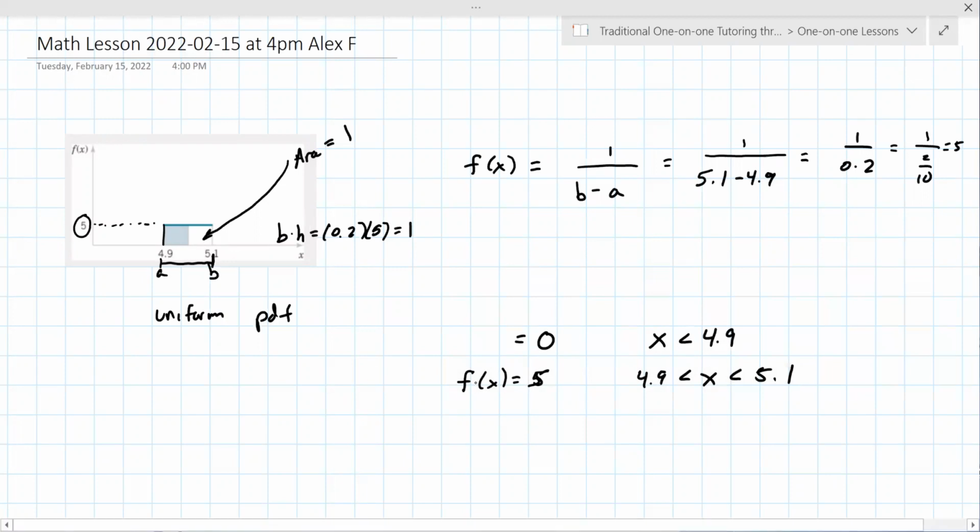Imagine your line over here. It's 0 for x less than 4.9. So when x is less than 4.9, f of x is equal to 0. Yes.